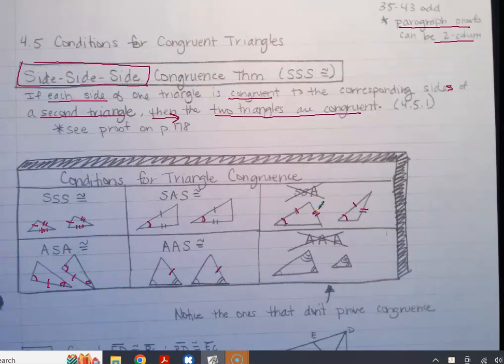No, they're totally different. And then this one is angle, angle, angle. All these angles are the same, but this triangle is clearly larger than this triangle over here. So we can't have AAA, angle, angle, angle congruence.